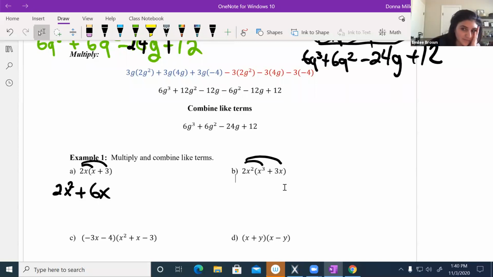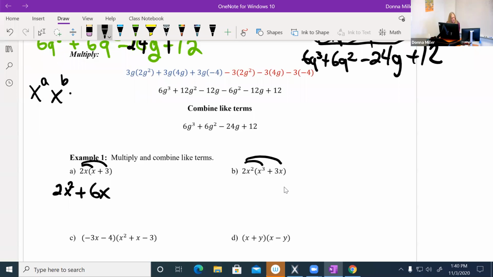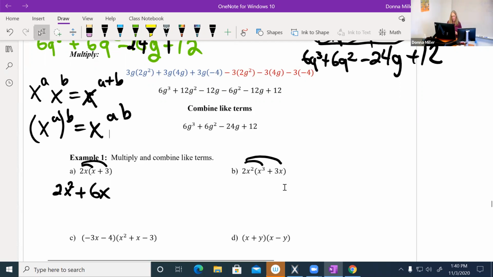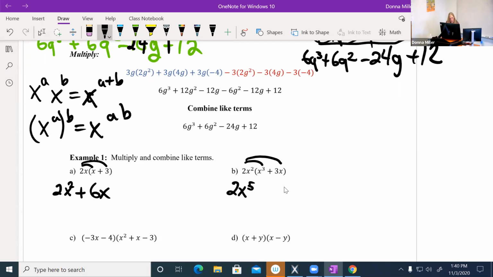You have to add them. Just think about x to the a times x to the b, which is x to the a plus b, that's always true, even when I'm doing stuff like this. You multiply when you have a power to a power, but I don't have that here. I have 2x's, so I'm going to add the exponents. So it's going to be 2x to the 5th. Is that right? And what's 2x squared times 3x then?